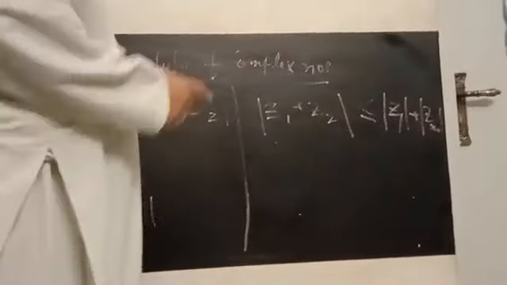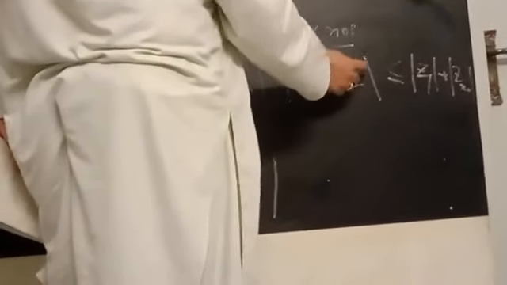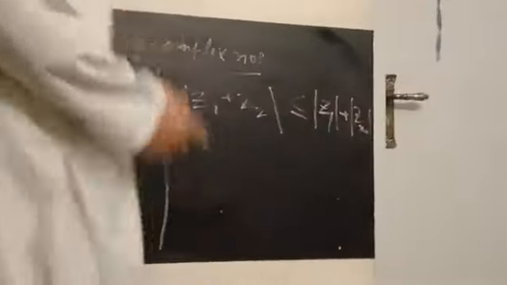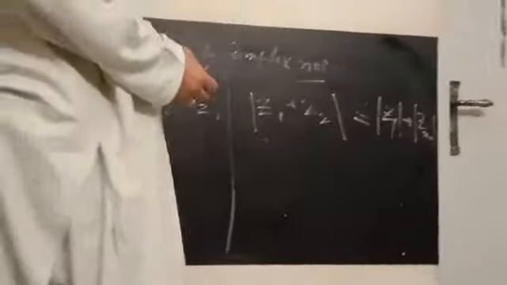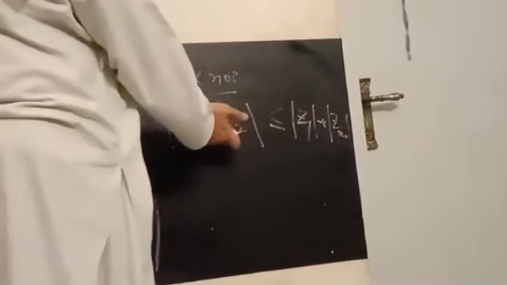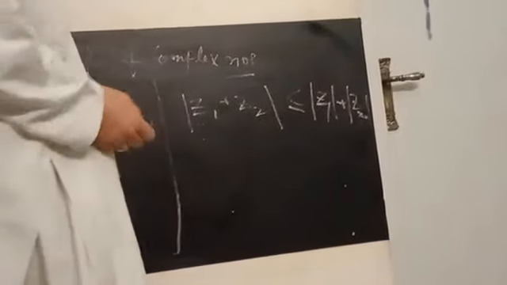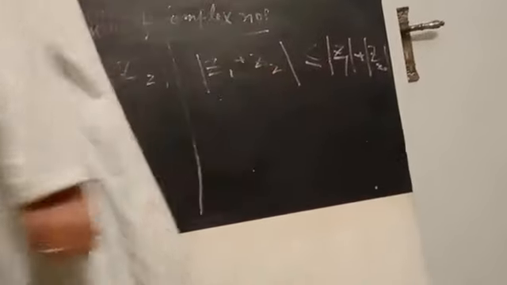This is called the triangular inequality. It can be proved easily by taking the two sides of the triangle as z1 and z2 and then using the fact that the sum of two sides is always greater than or equal to the third side.